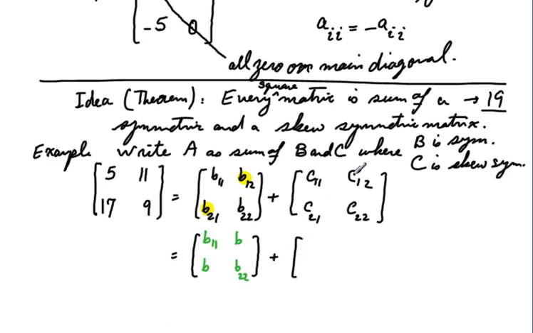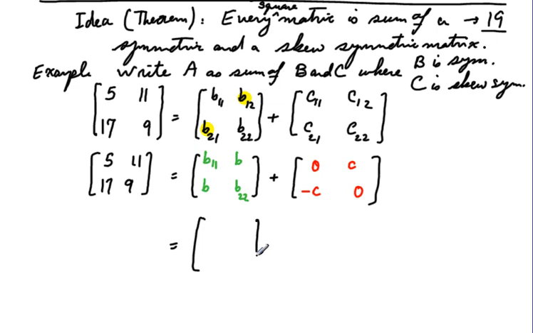Okay, what do I know about the entries here? I know a little bit more. Yes, very good. So these entries got to be 0. So this is 0, this is 0. So this is going to be negative C. Is that right? So whatever 5, 11, 17, 9 are going to be broken down to, those matrices have to have such looks.